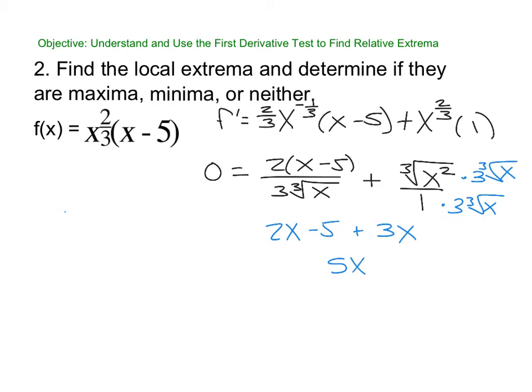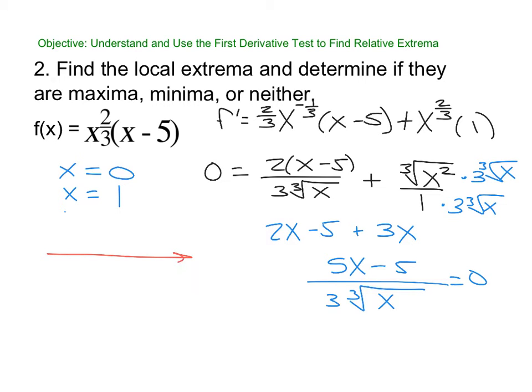So that gives us 5x minus 5 all over the cubed root of x equals 0. So my critical numbers here are 0 and 1. Right? Set the numerator equal to 0, and I get 1. Set the denominator equal to 0, and I get 0.